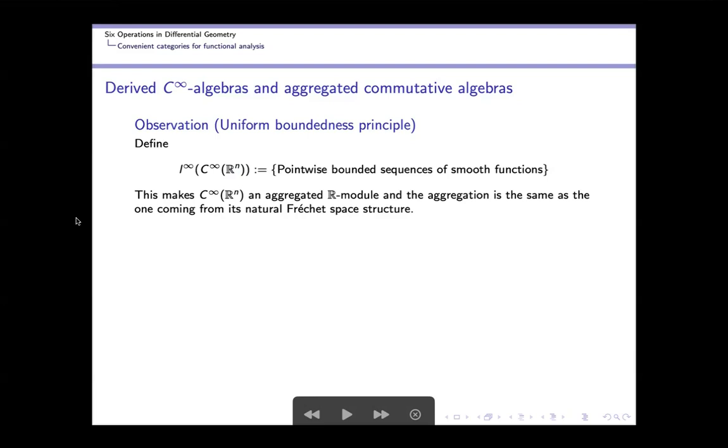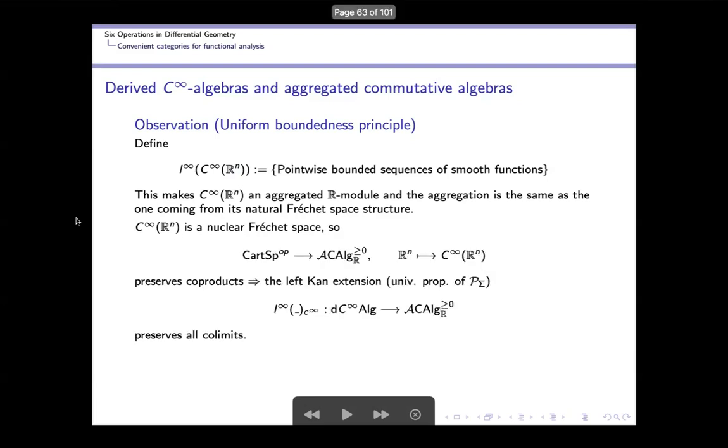This gives you a functor from the category of Cartesian spaces into the category of commutative algebra objects of my aggregated vector spaces. And this functor has the crucial property that products of manifolds are carried to tensor products of these algebras, because the tensor product, recall from the previous slide, is this completed tensor product.